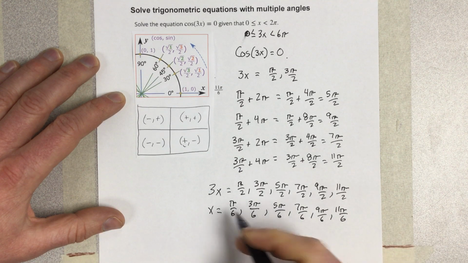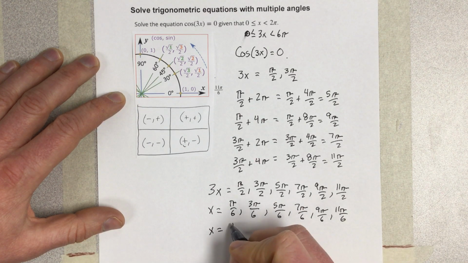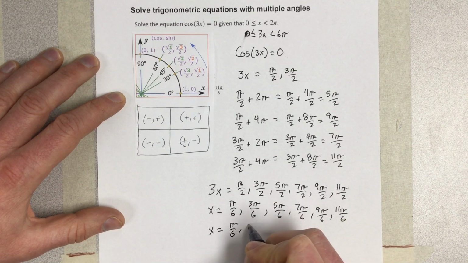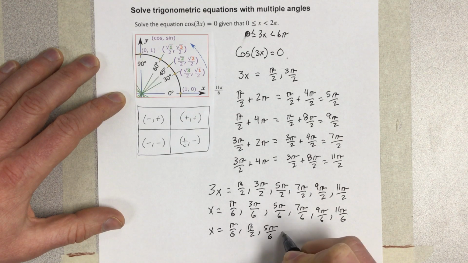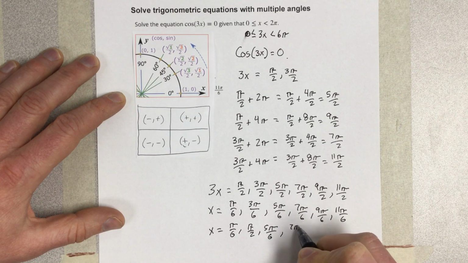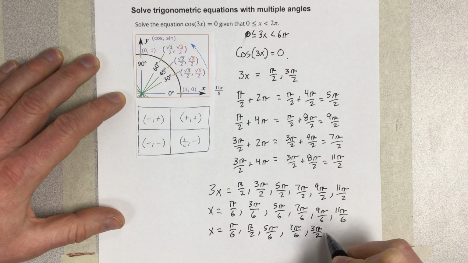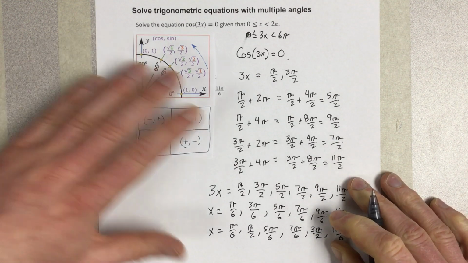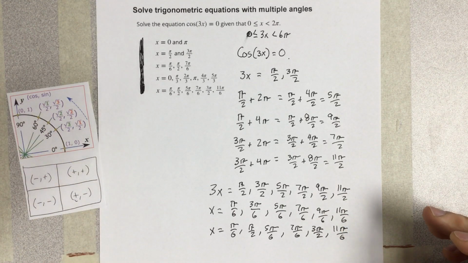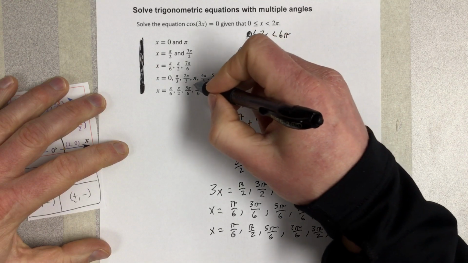So if I divide and simplify some stuff here, I end up with pi over 6, pi over 2, 5 pi over 6, 7 pi over 6. This reduces to 3 pi over 2. And this would be still 11 pi over 6. So then if I look for the answers that I've got here, that would be our bottom answer there with 6 answers.